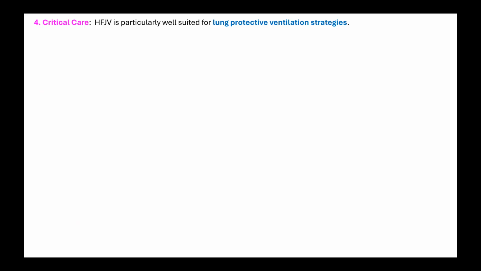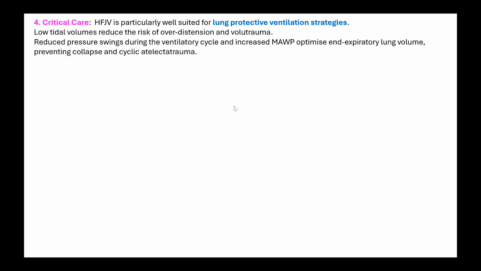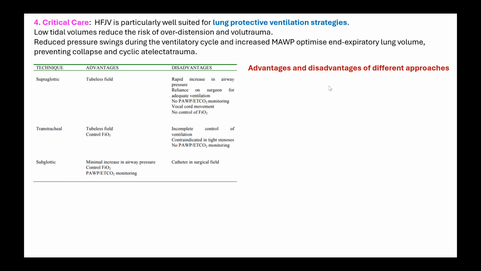And critical care can provide lung protective ventilation strategies with low tidal volumes to reduce the risk of overdistension and volume trauma, and it reduces the swings during the ventilatory cycle. Advantages and disadvantages of these various approaches, where it can be given supraglottic, transtracheal, or subglottic.